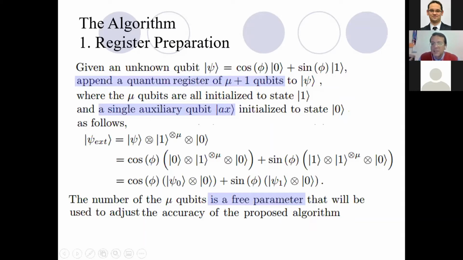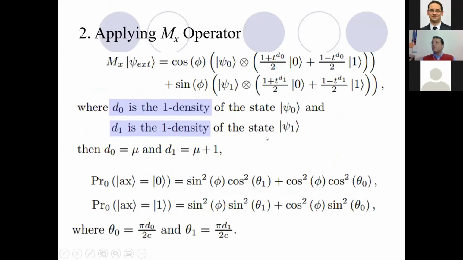Yes, we can see. Okay. So this is the unknown qubit, this is the auxiliary qubit, and this is the sequence of mu dummy qubits, all initialized to state 1. So this system can be rewritten here. Again, mu is a free parameter, which you'll see will be very useful.